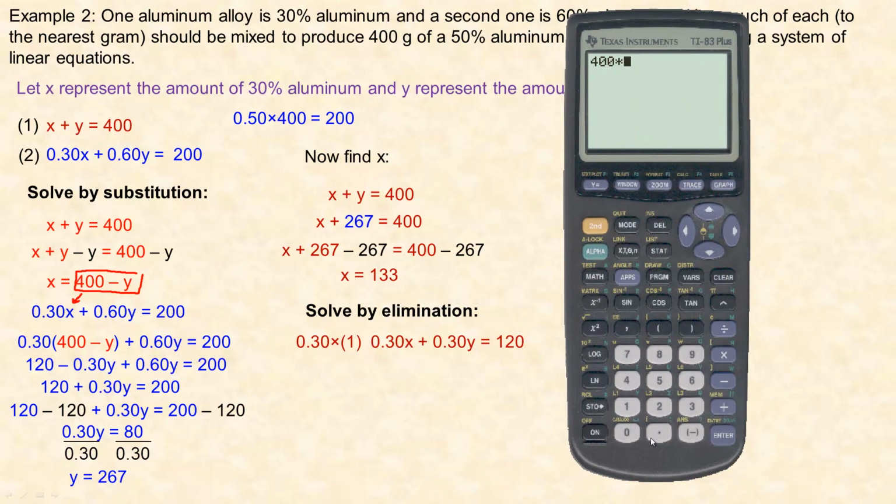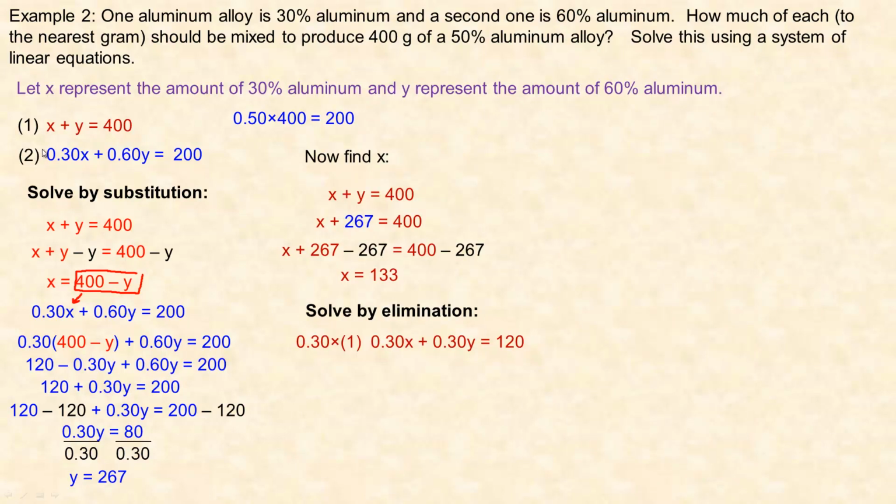400 times 0.30 works out to 120. So that's why there's a 120 on the right side. And then I can write my second equation right below it. The x terms are the same sign, so we would subtract, just like we did in the first example. 0.30y minus 0.60y would be negative 0.30y, and 120 minus 200 is negative 80.